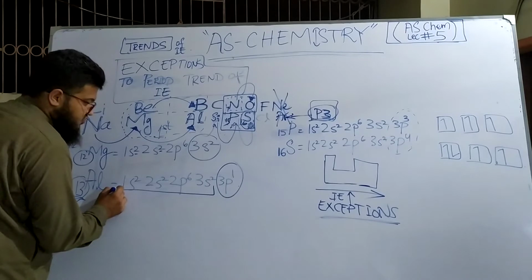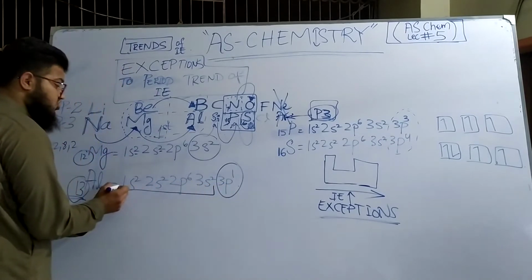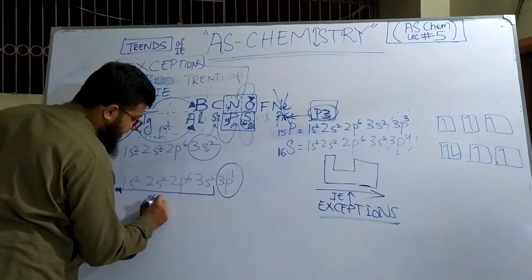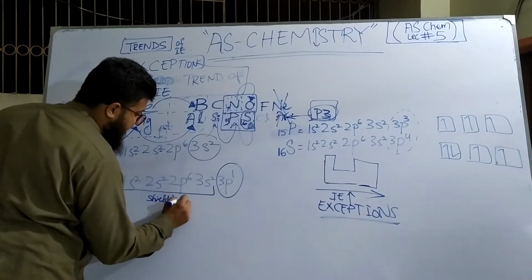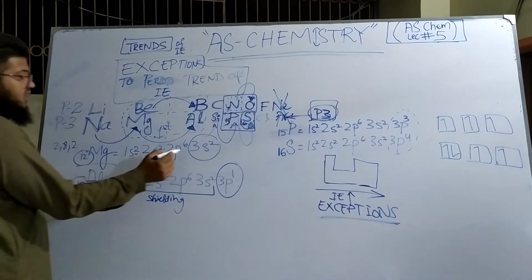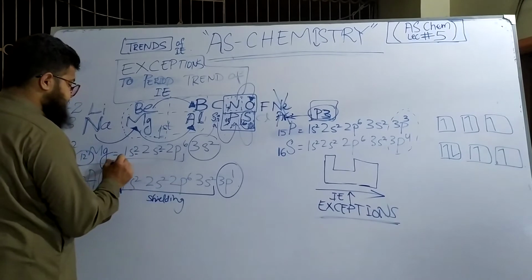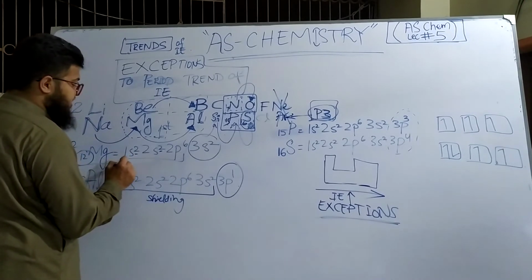The outermost electron, which is in the 3p orbital, has all of these electrons in front of it that provide the shielding effect, right? It is better shielded. Whereas if you look at magnesium, only these electrons are responsible for the shielding effect.